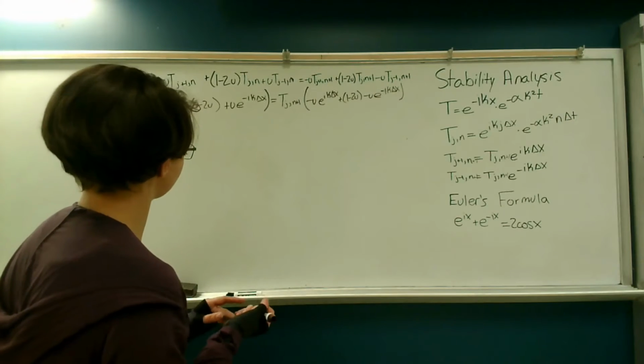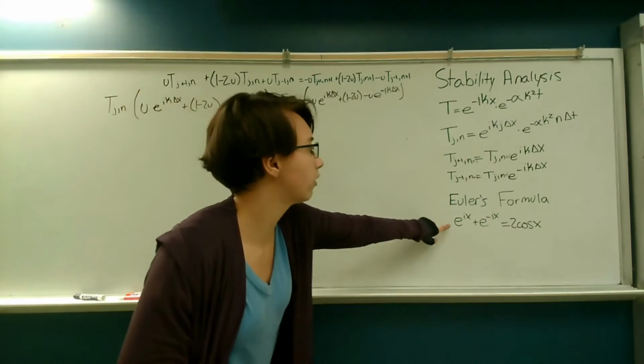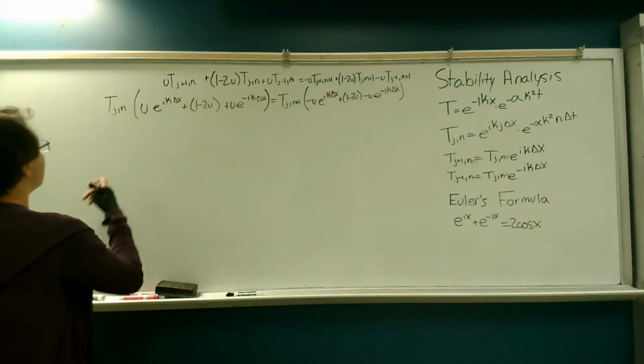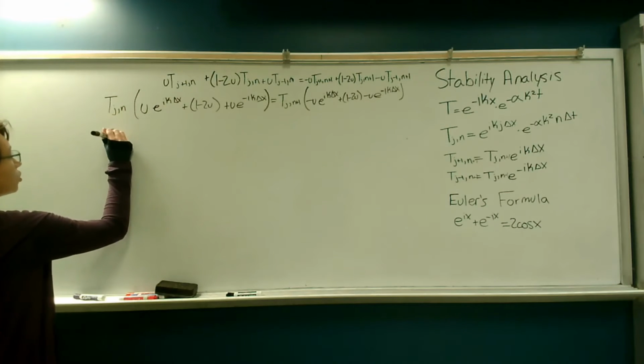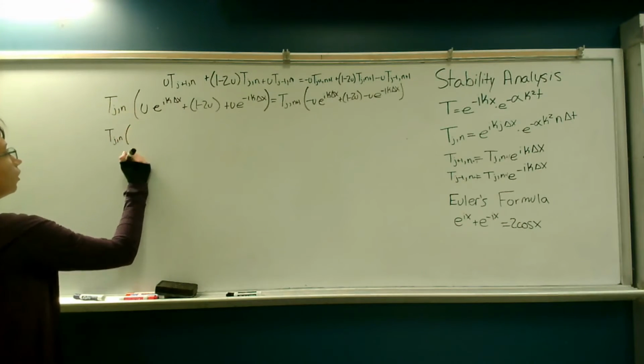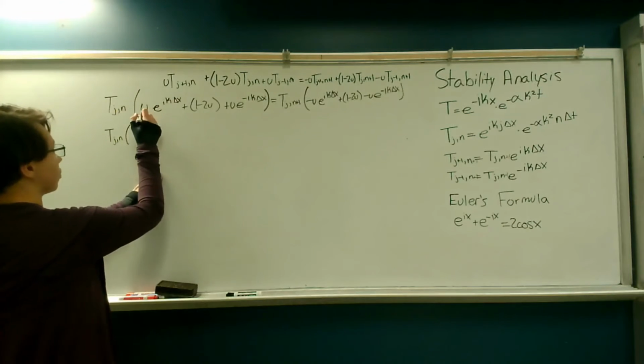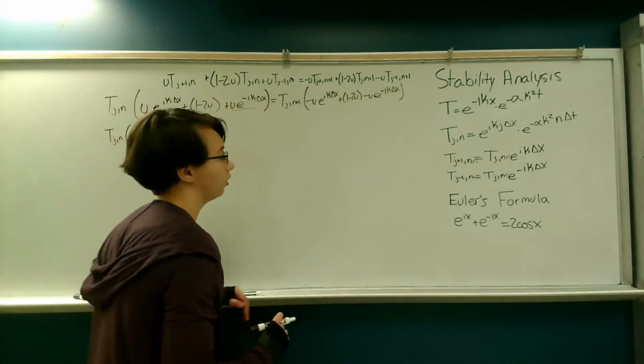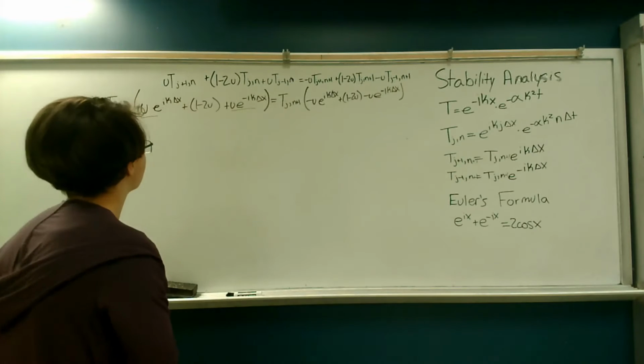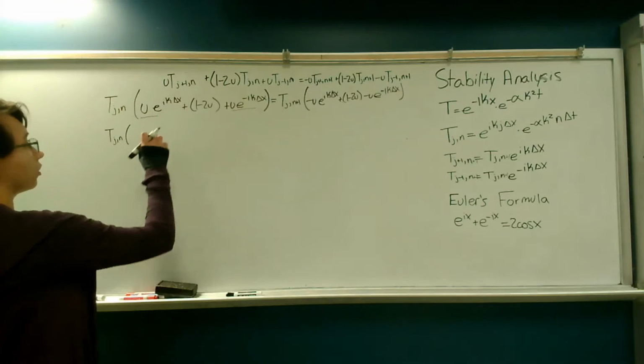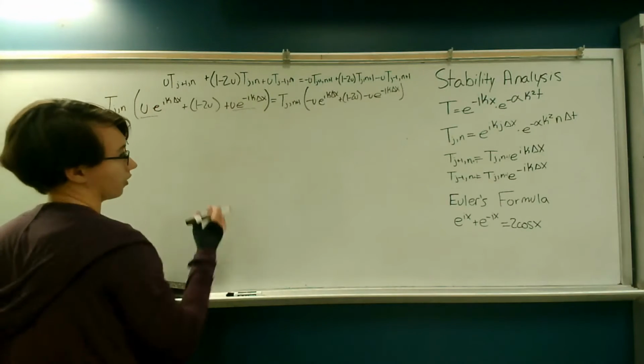So first thing we can do is use Euler's formula. So we'll still have this t at j at n, but then you'll notice that this term and this term are similar to Euler's formula, where we've got the positive exponent and the negative exponent.